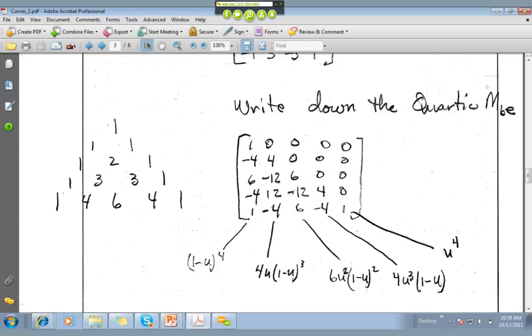Coefficient out front. The next one is going to be u to the 4th, 1 minus u to the 3rd, and a coefficient. The next one is going to be u to the 5th, 1 minus u squared, coefficient. U to the 6th, 1 minus u, coefficient. The last one is going to be u to the 7th. Add some coefficient out to the front of that.